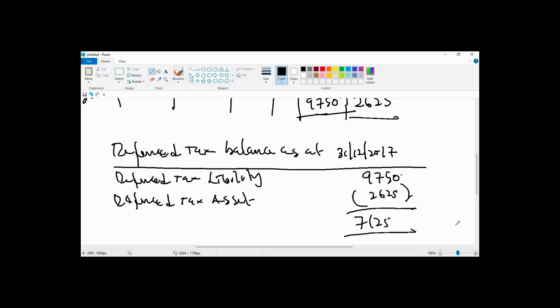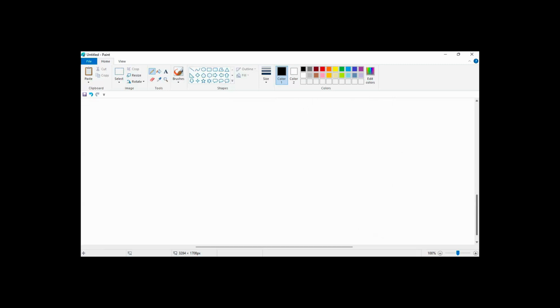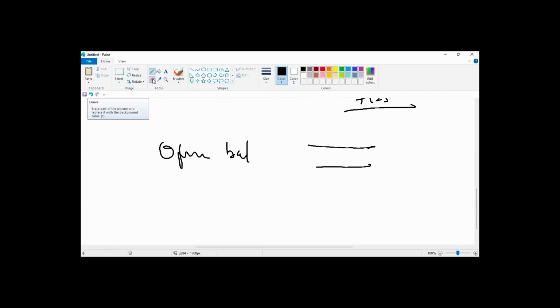They give me the opening balance of the deferred tax. What is the opening balance? 15.